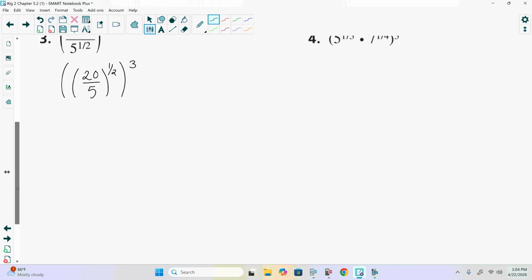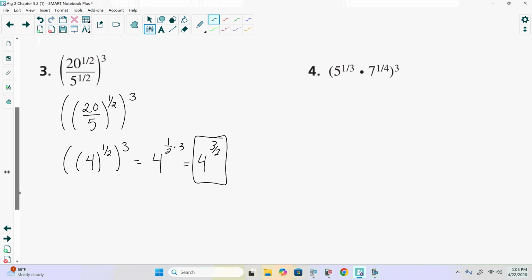And we can only really do this if they're either A, the same exponent, or B, we finagle it enough to be able to pull that power out. And 20 divided by 5 is 4, giving us 4 to the 1/2 to the third. Powers of powers multiply, telling us that we have 4 to the 3/2. Questions on this here?